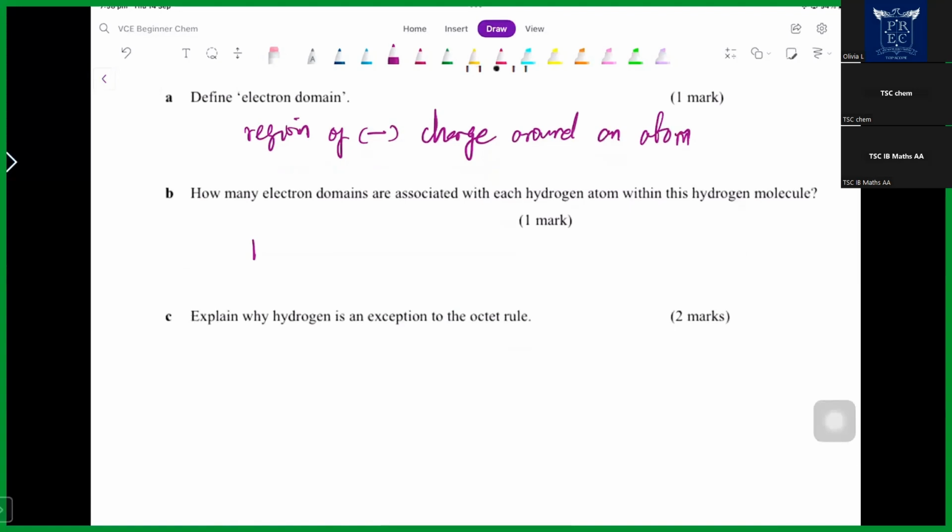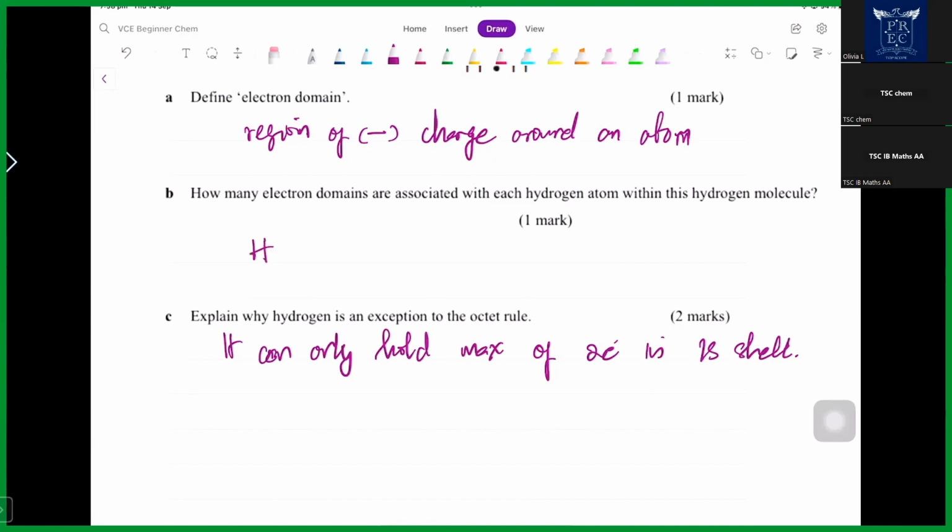Because it can hold a maximum of 2 electrons in one S shell. Tell me why. It has only one electron in it. Because you have H and H, you only have one region. You do not have anything at the other side.